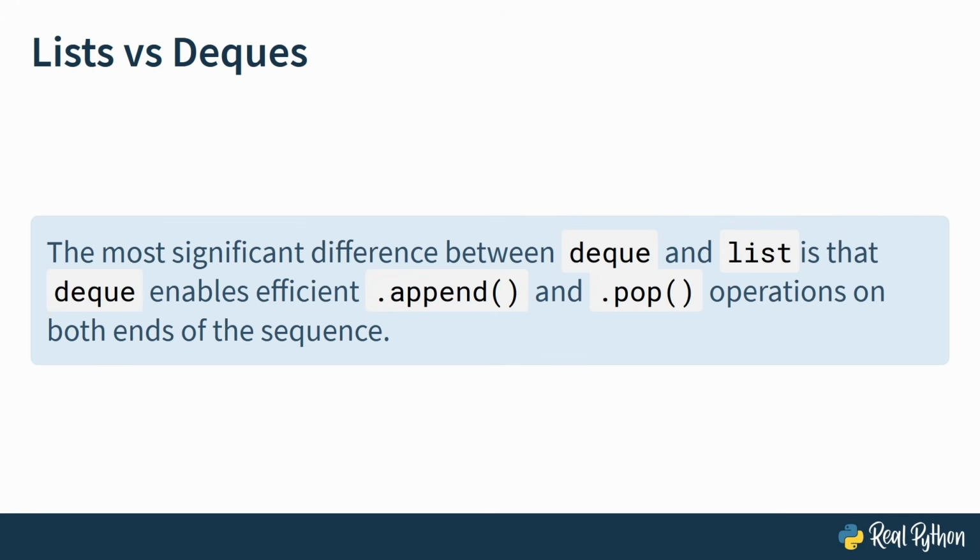The most significant difference between deque and list is that deque enables efficient append and pop operations on both ends of the deque. We have two dedicated methods in a deque, popleft and appendleft. Let's see them in action. First of all, let's import deque from the collections module. And let's create a new deque using the list 1, 2, 3, 4 as the iterable.